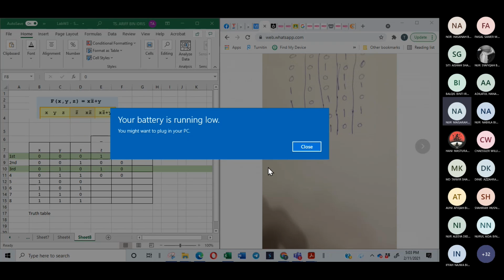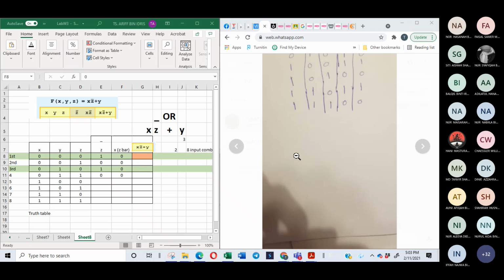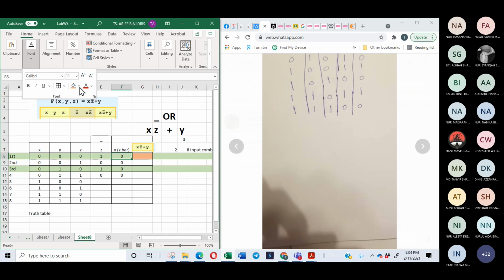For the time being, finish up the rest of the Boolean expression for x z bar plus y. You need to OR the x z bar with y. So this one I use this color. You need to OR with y in order to get the final results.